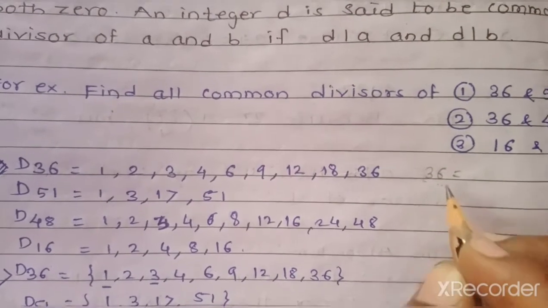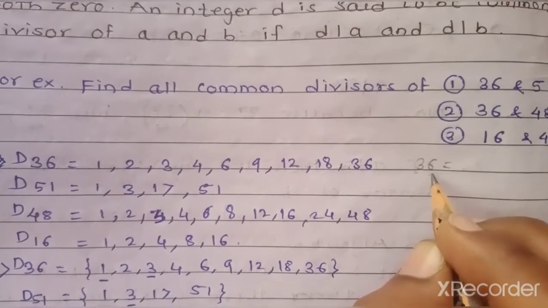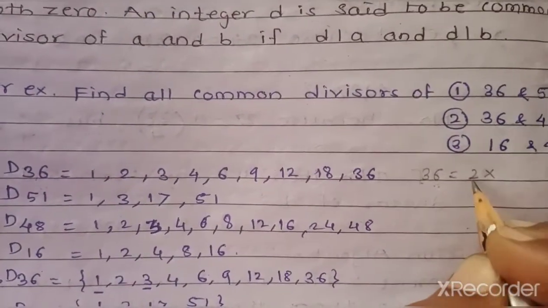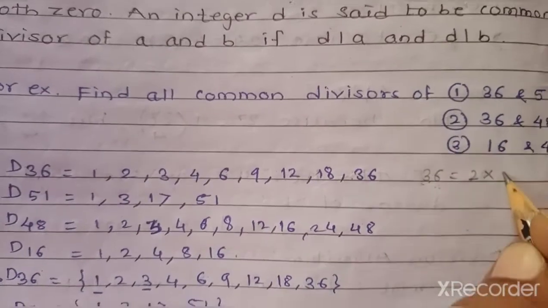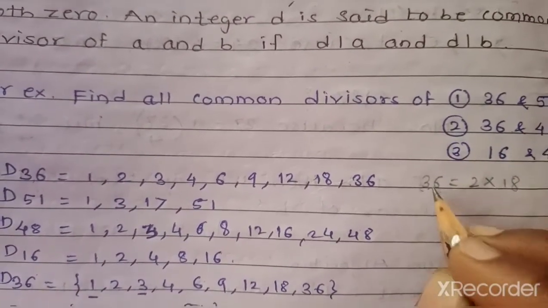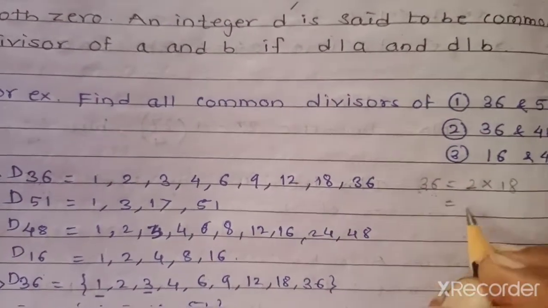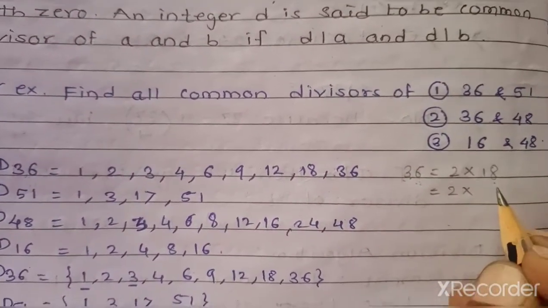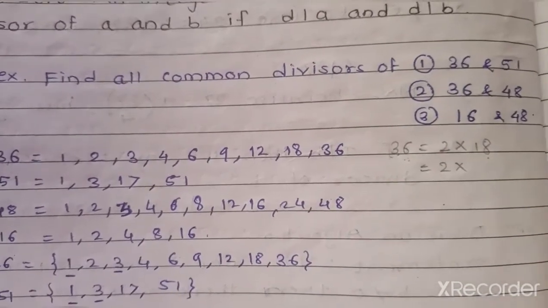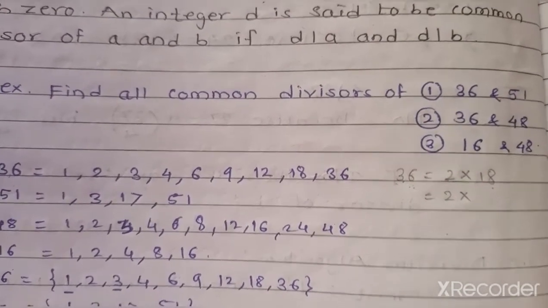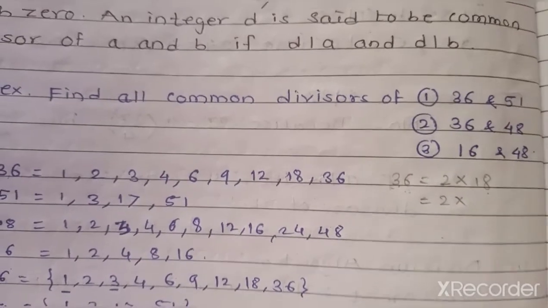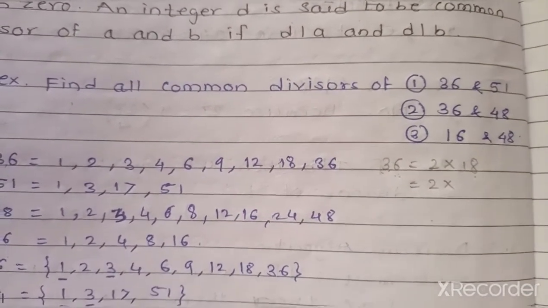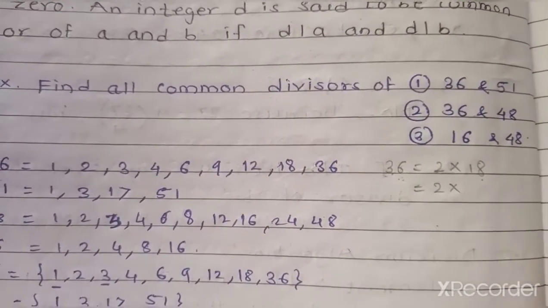In our unit place there is 6, so 2 divides this whole number. We write down 2. 2 divides 36, so we get 18; 2 into 18 becomes 36. Again we write 2 as it is. Here the unit place contains 8, because if any number's unit place contains 0, 2, 4, 6, 8, then that whole number is divisible by 2.